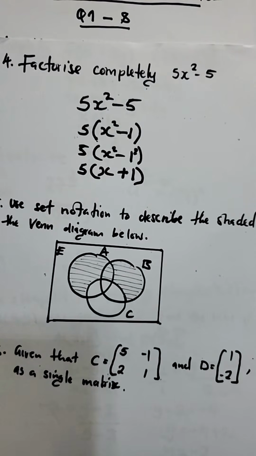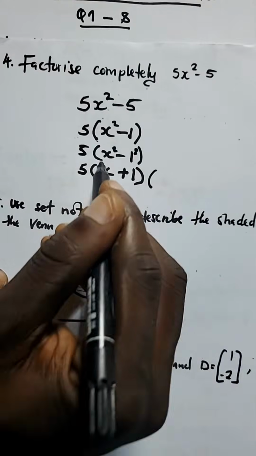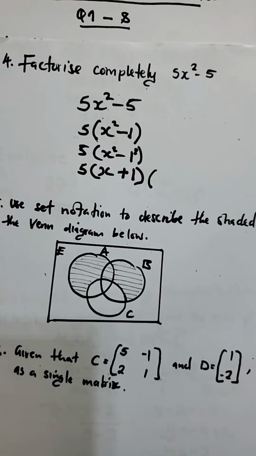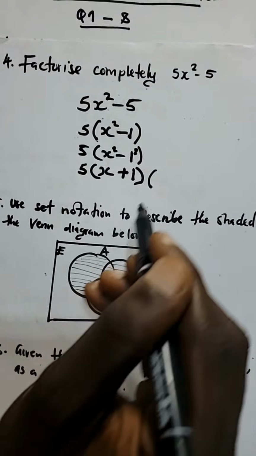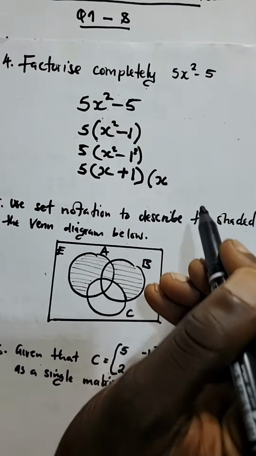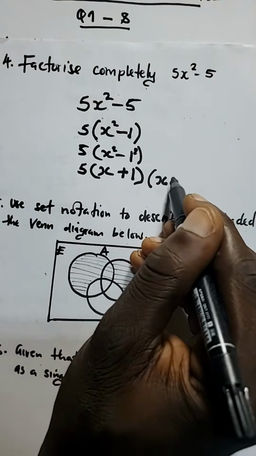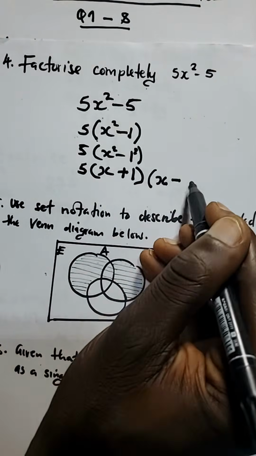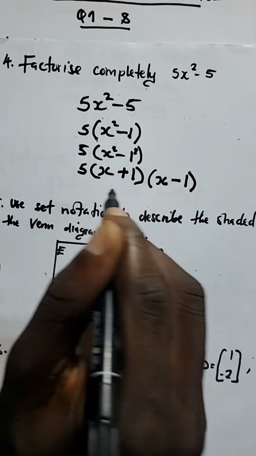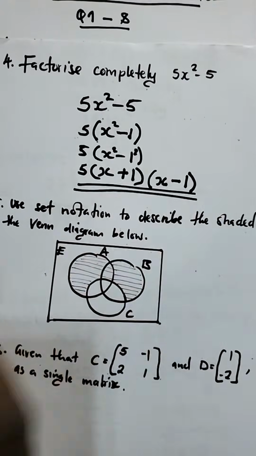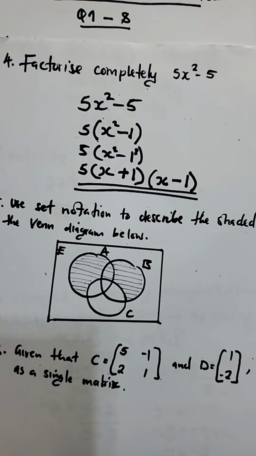Then write what remained. Since we had 2 x's, we just remain with the 1. In this case, just swap the signs, positive, negative. So this time we're going to write negative 1, close bracket, and this is the answer. That's how you factorize it by difference of 2 squares.